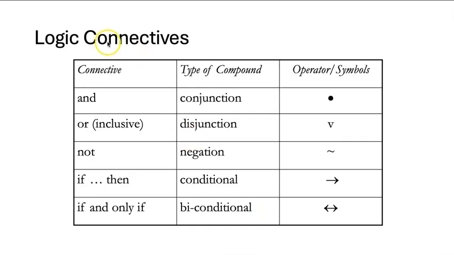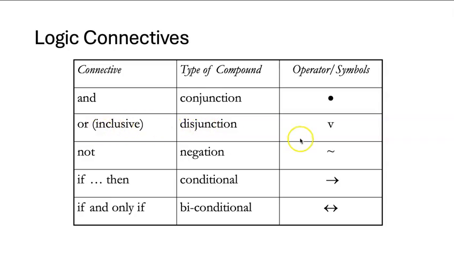So we're going to be working on our connectives. And the five that we'll be covering are the conjunction, which is and, symbolized by the dot. The disjunction, which is or, either or. And we're using the inclusive version of the disjunction. So you may read up on what is the inclusive versus the exclusive version of the disjunction.